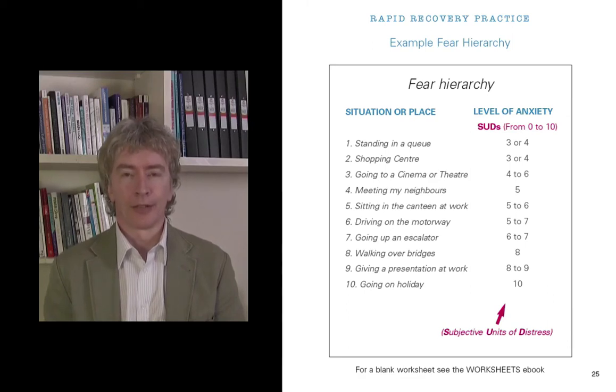There's no point writing down situations that don't cause much anxiety at all, because you can already do those successfully, so you don't need to do those. You're trying to start with something that produces a certain amount of anxiety, but just not so much. Okay, so an anxiety rating of 3 or 4, that's what you want to start with.